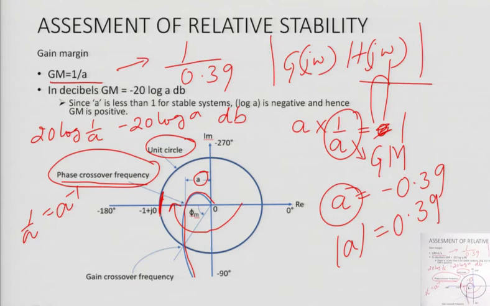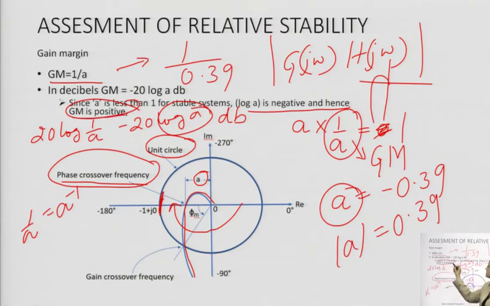Since this circle has a unit radius, the value of A for a stable system will always be less than 1, and if it is less than 1, log A will be negative. Hence the gain margin will be positive, because the minus sign and the negative value of log A cancel out.